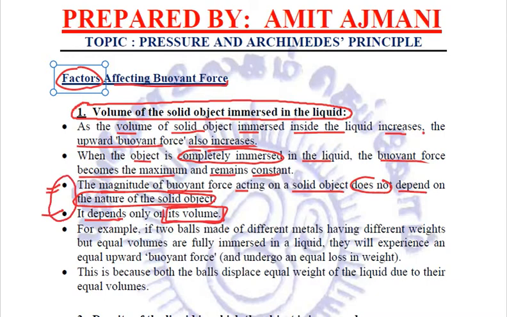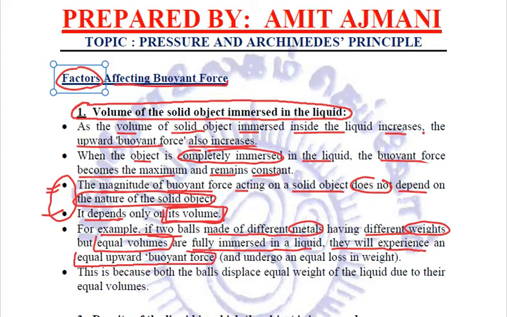Please try to remember. Taking an example, if two balls made of different metals, having different weights and different densities, have equal volumes, and both balls are fully immersed in a liquid, then since they have equal volumes, they will experience an equal upward buoyant force.